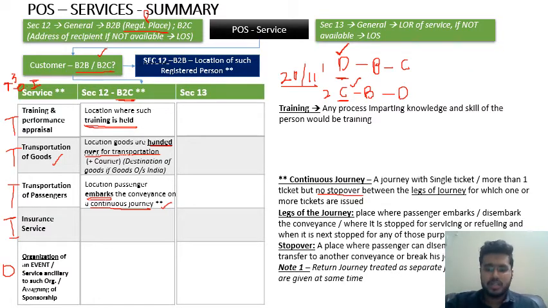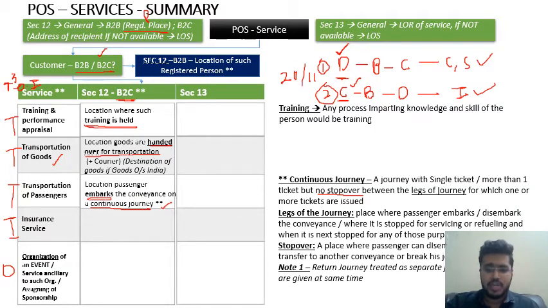So if the supplier, let's say Jet Airways Delhi, for the first transaction will charge CGST and SGST, guys. Why? Because the supplier is in Delhi and the place of supply is also in Delhi. In the second transaction, the supplier Jet Airways will charge you IGST because the supplier is in Delhi and the place of supply is in Tamil Nadu, Chennai. So this will be IGST and this will be CGST and SGST, because the explanation says to treat the onward and return journey as two separate journeys, even though it is in the same ticket.